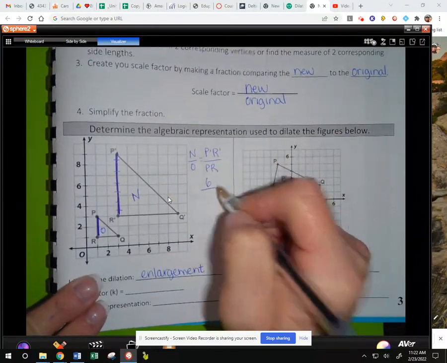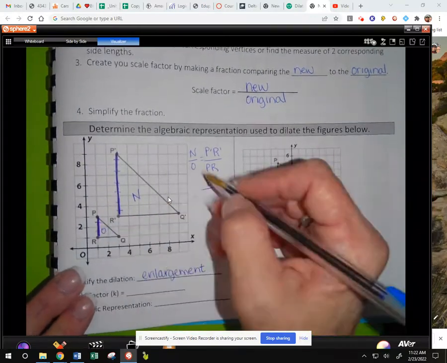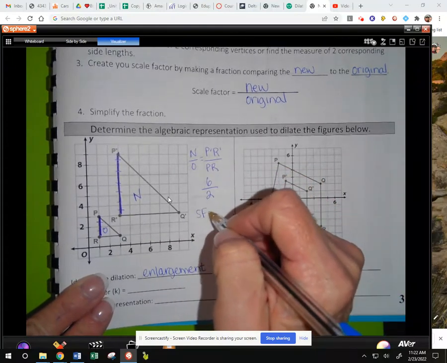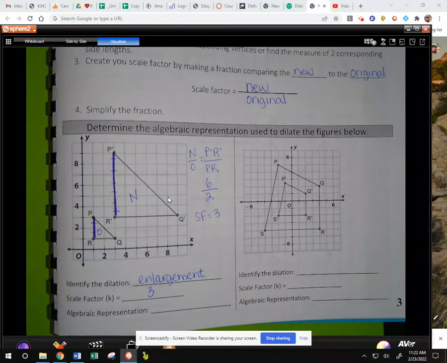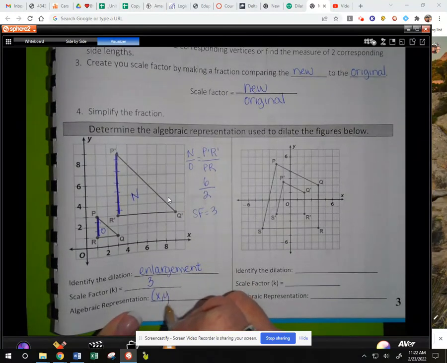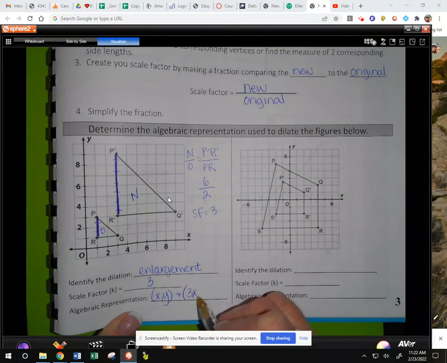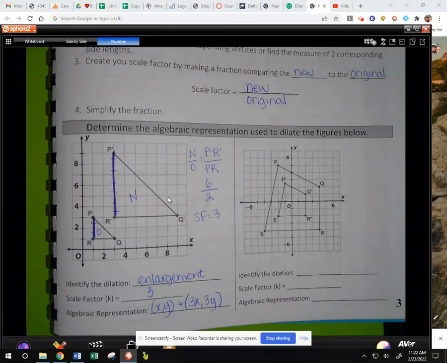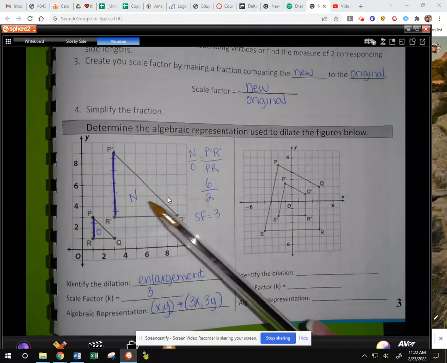So 6 goes in my numerator. The measure of PR is 1, 2. So if I reduce 6 divided by 2, my scale factor is 3. Now we want to write a rule. So what is our algebraic representation? So (x, y) transforms to (3x, 3y), which means that my original is 3 times greater now.